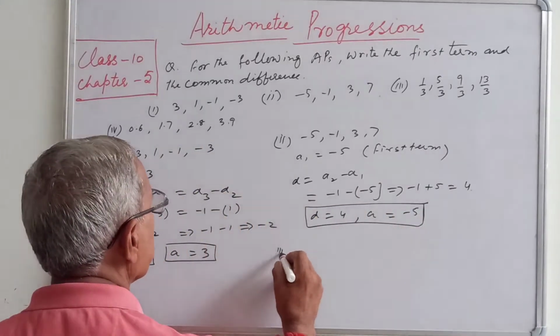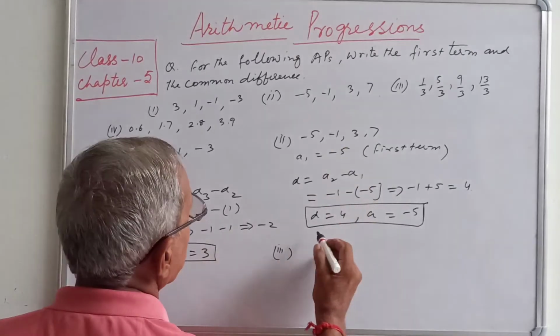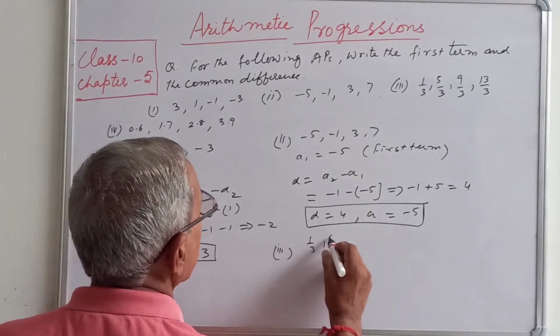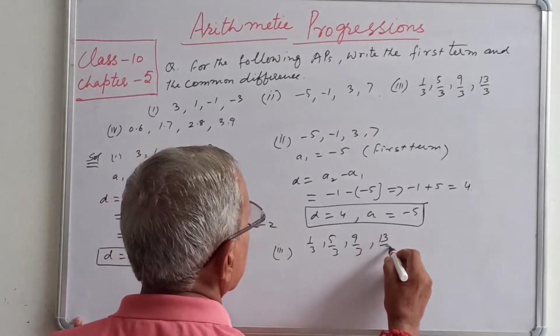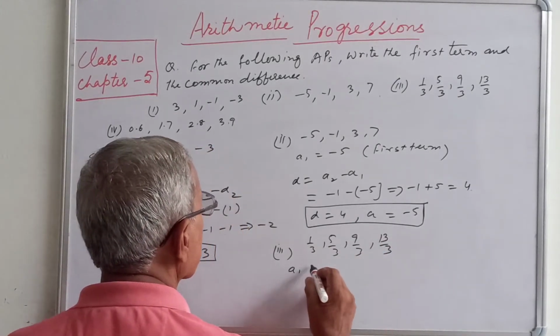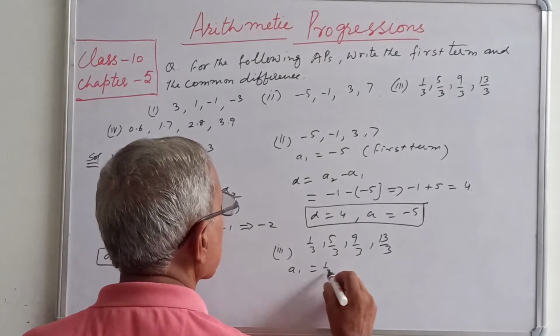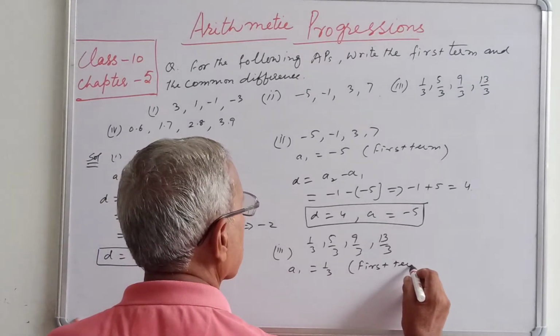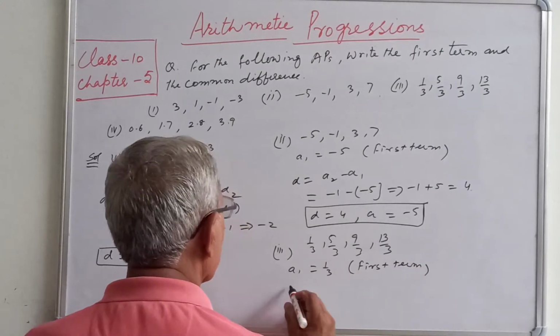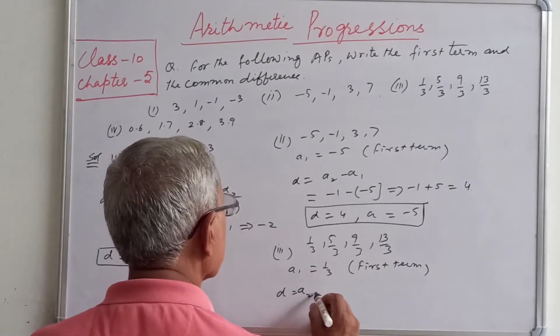Third part, so AP is 1 upon 3, 5 upon 3, 9 upon 3 and 13 upon 3. So A1, the first term, is 1 upon 3. The d will be A2 minus A1.